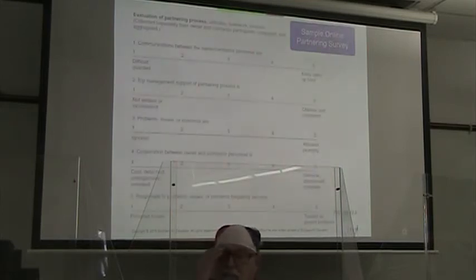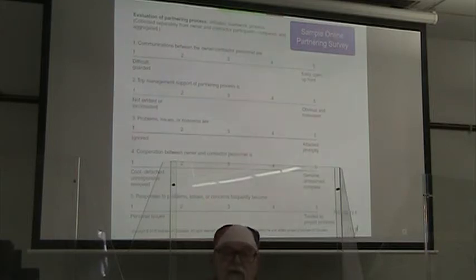All right, so one thing that we want to do is think about what is our potential partner going to be like. This is one method they suggest where we have a partnering survey.